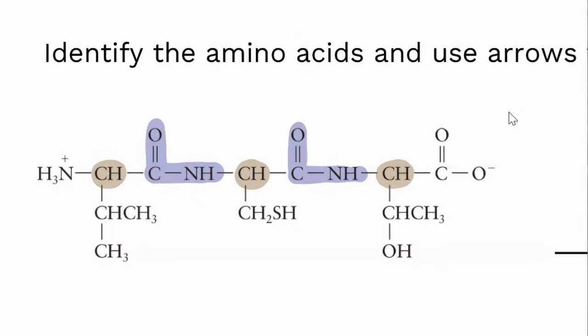Starting with the first one, which is a CH connected to a CH3 and a CH3. This side chain, if I change it into skeletal form, looks like this, and I'm just going to put a squiggly line. Above the squiggly line is where we have this CH.